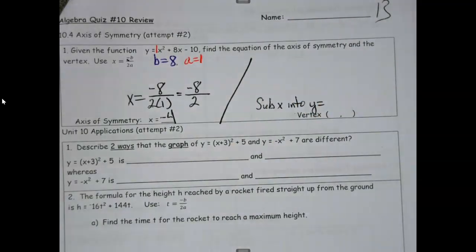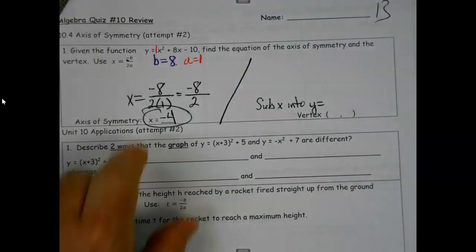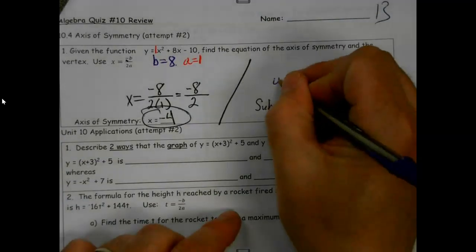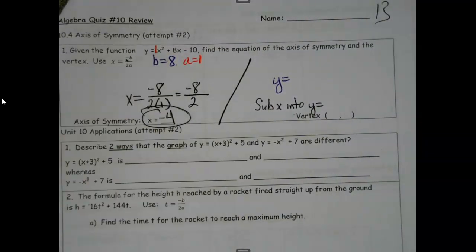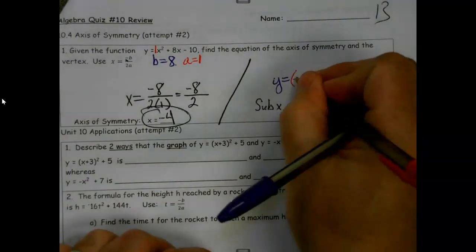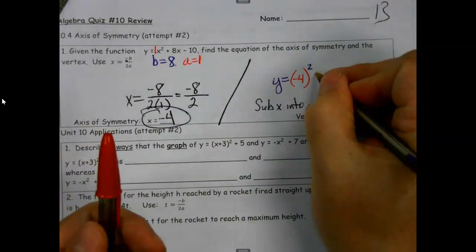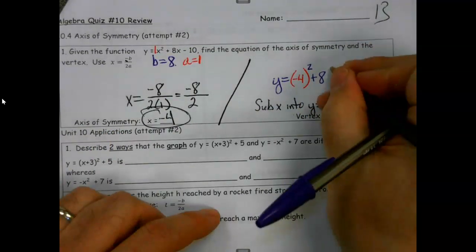We're going to substitute the x value we just found into the y equals equation. So I'm going to start with my y equals. Every time I get to an x, I'm going to put it in parentheses, because that's going to help us deal with any negatives that are going on here.